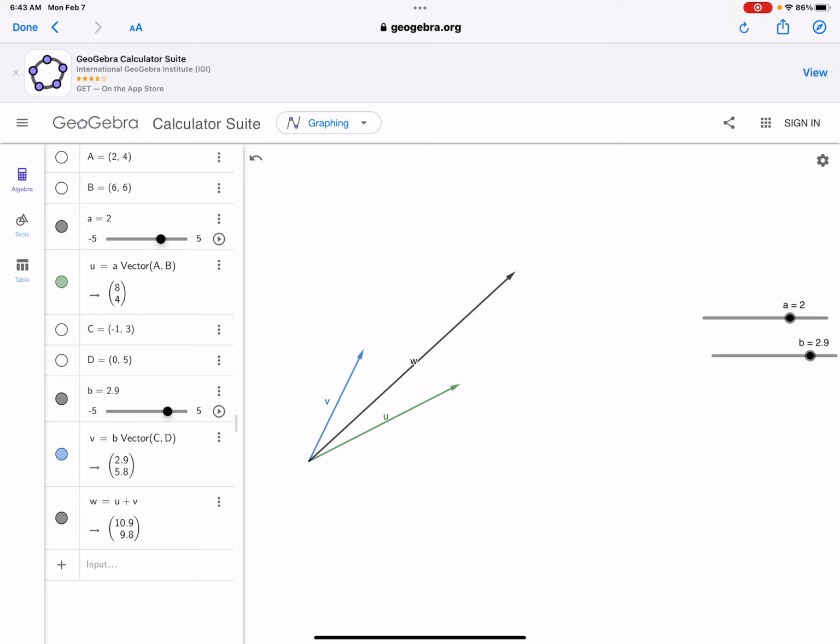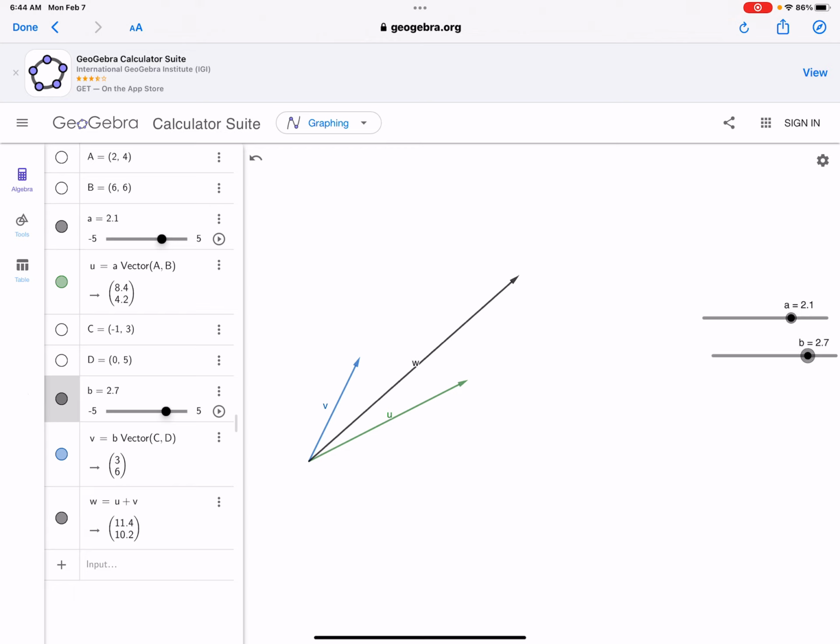For vector u, we have a slider a. So notice that when I move the slider a, vector u changes the length. Now, remember that vector w is the sum of vectors u and v. So when I change the slider, vector u changes and also the sum.